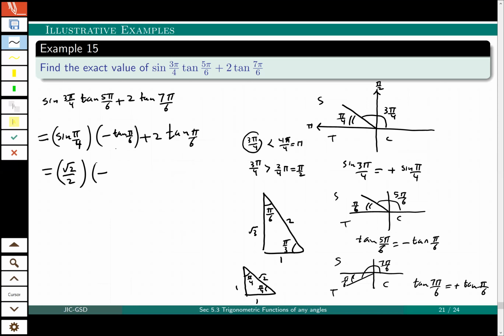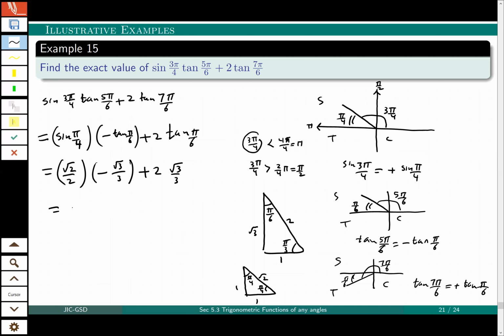Now tan pi over 6. For pi over 6, tan is opposite over adjacent, so it will be minus 1 over root 3, or we could say root 3 over 3, minus 1 over root 3 or root 3 over 3. Plus 2 tan pi over 6. Tan pi over 6 is 1 over root 3 again, so it's the same, root 3 over 3.